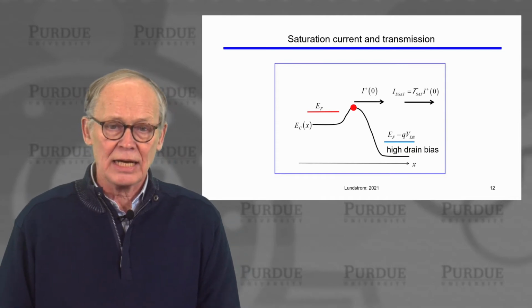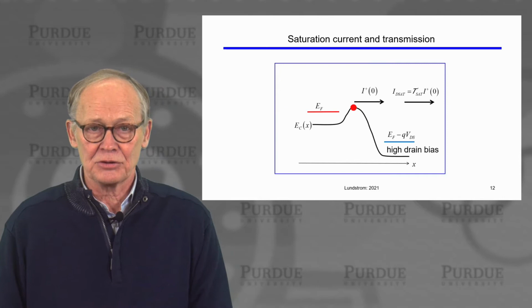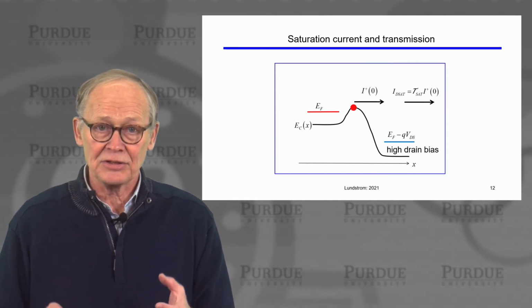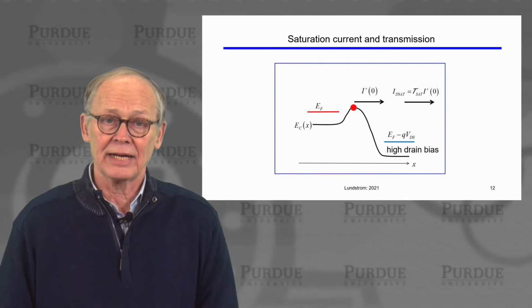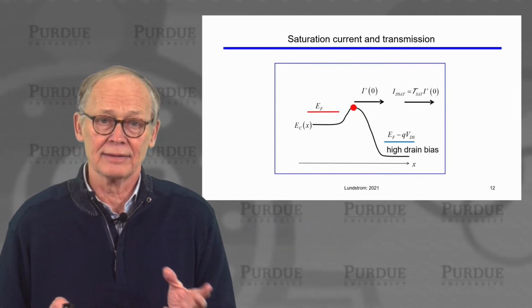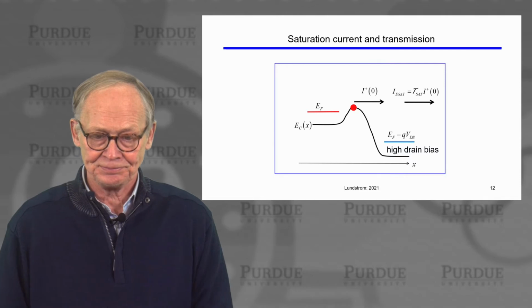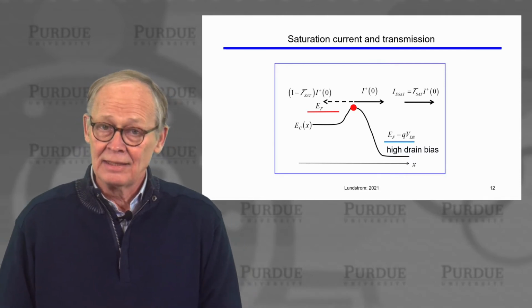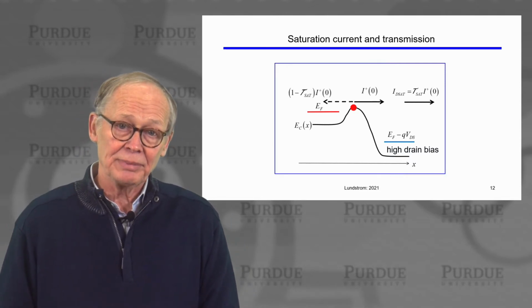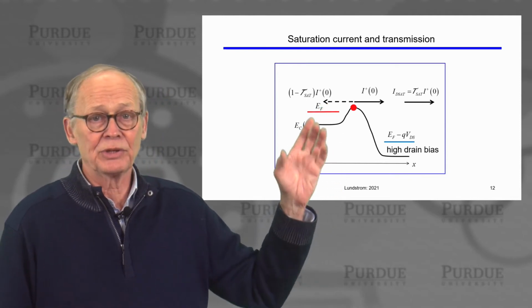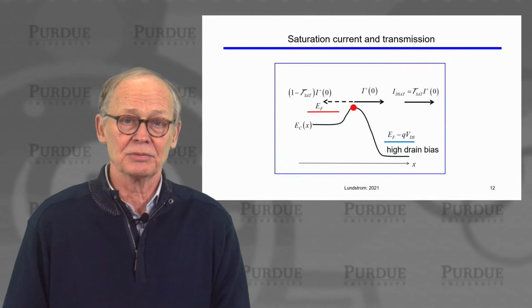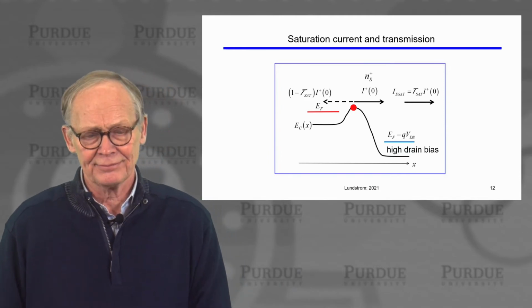Okay, if we look at what comes out the drain and constitutes the saturated current, that's simply transmission times the current that was injected, I plus at the virtual source. Okay. But in general, there will be some backscattering. So some fraction of the current that's injected will return to the source and not contribute to the drain current.